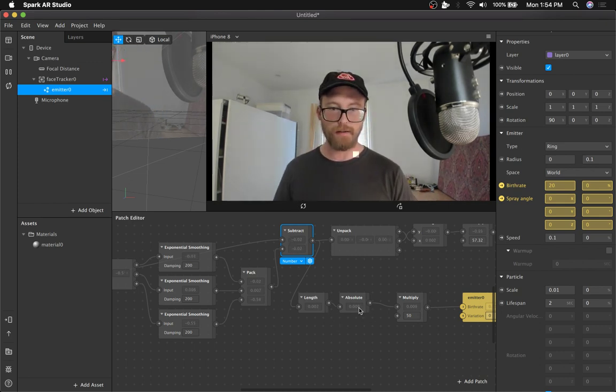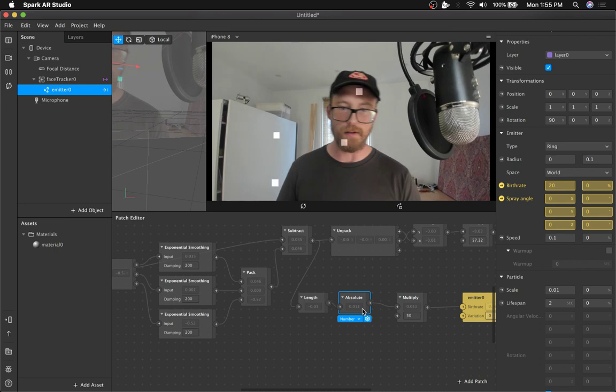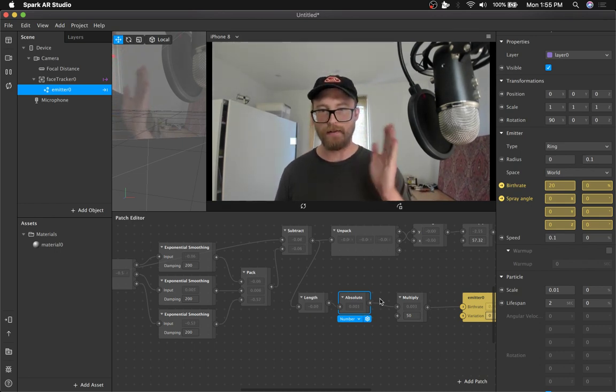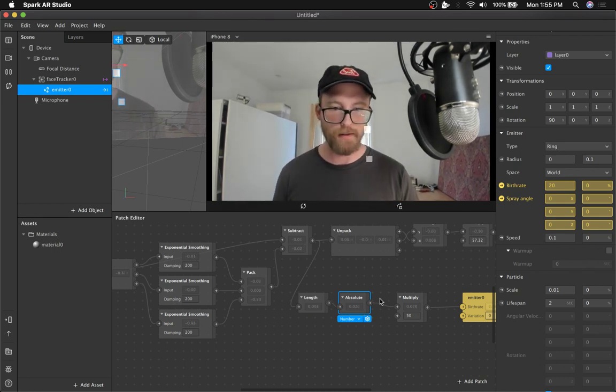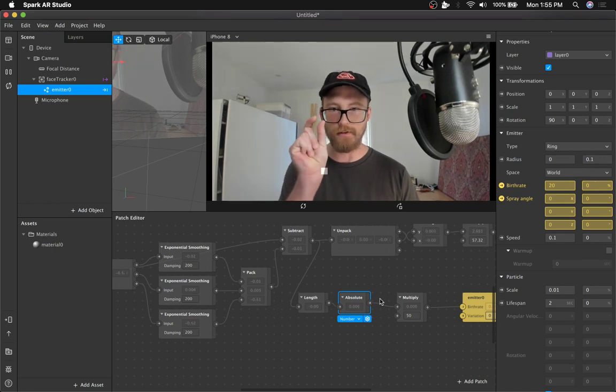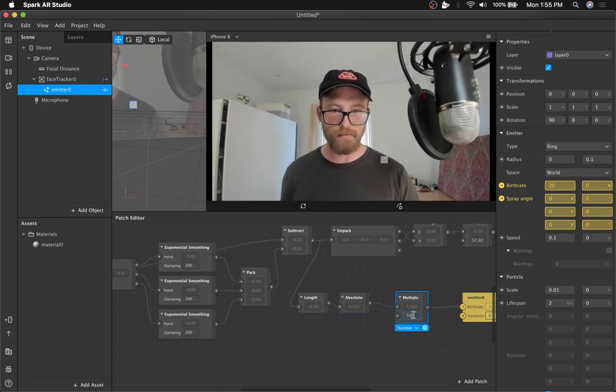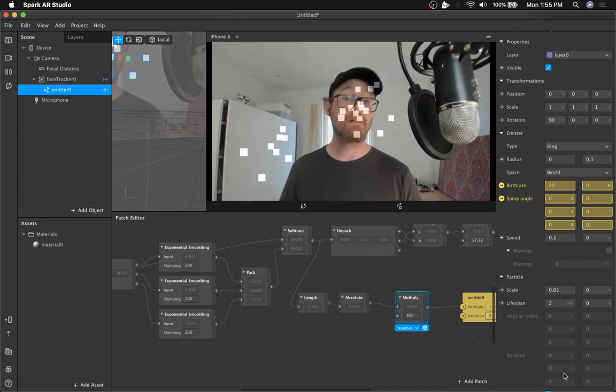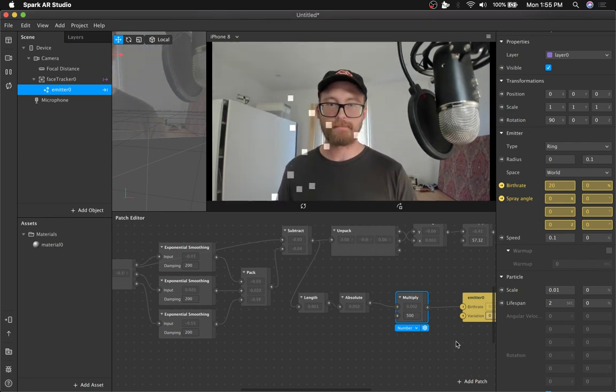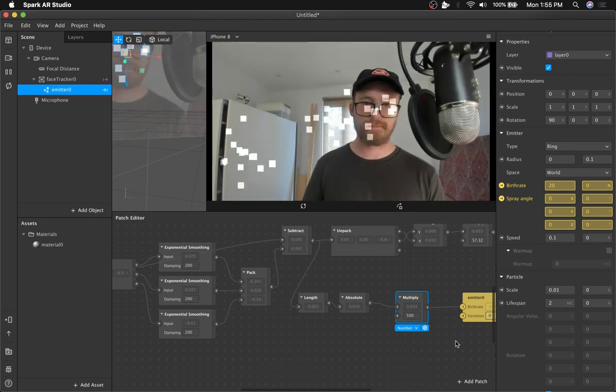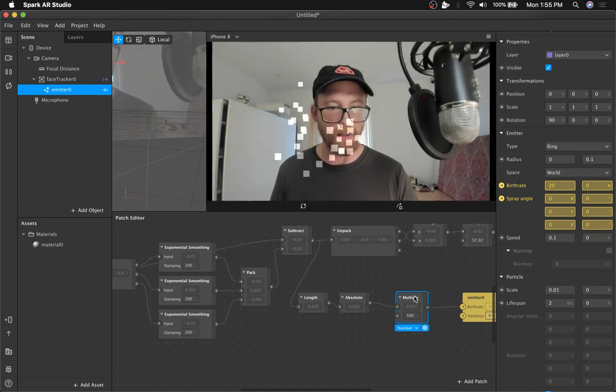It's sort of working. Oh, okay. So because we subtracted those two, the value is pretty small now, because it takes the difference each frame. So the actual size of the vector is pretty tiny. So we can just multiply that and get something more usable. When I'm totally still, it'll pop out a few, and then when I move, there will be a lot more.